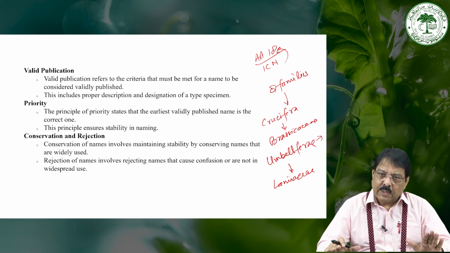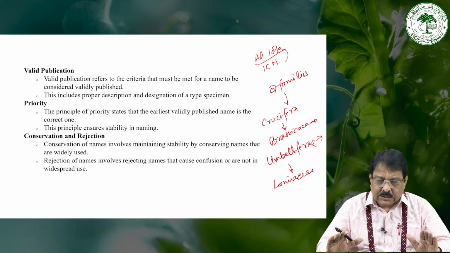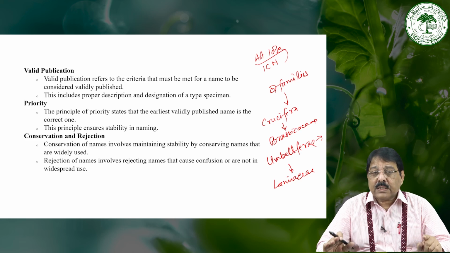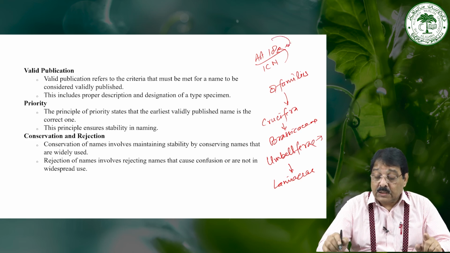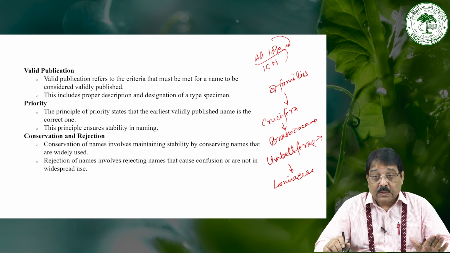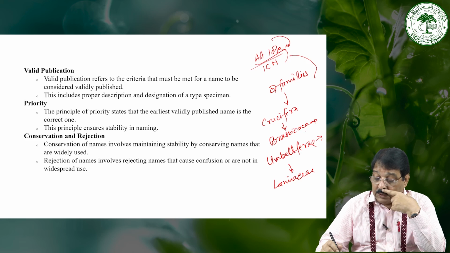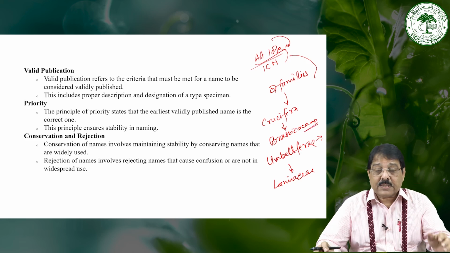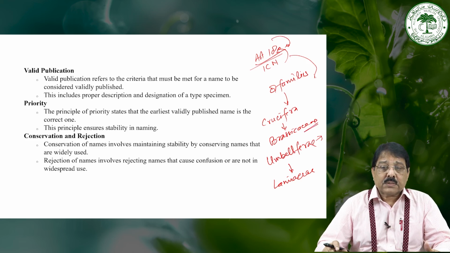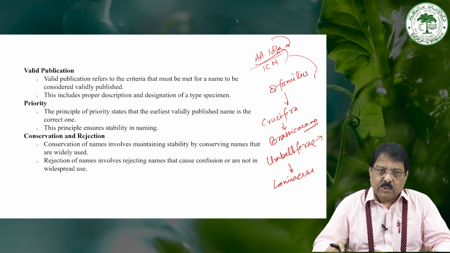Though it is not accepted in the rules, there is a special permission in Article 18 of the code that has given special permission to these 8 families, though they don't follow a single rule of the code. What is that rule? That they don't have the ending -aceae. So that's why it will be called an invalid publication.